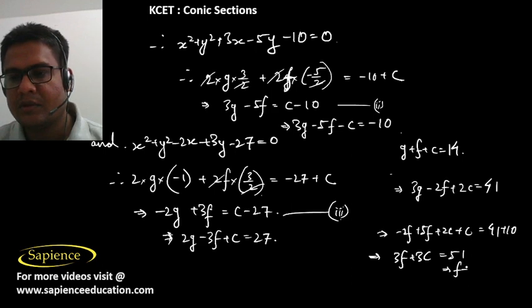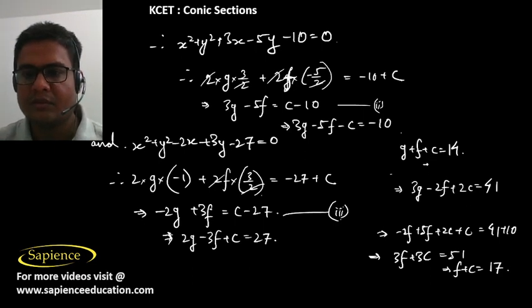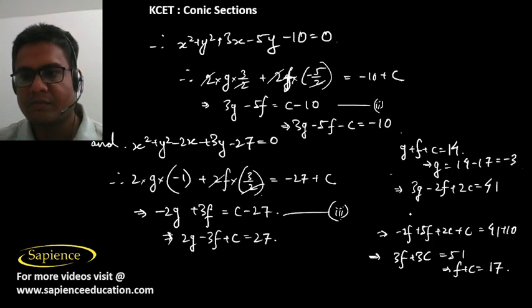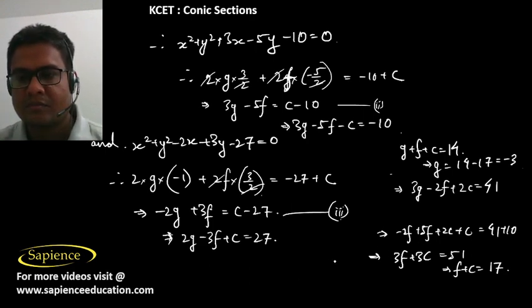So therefore f plus c is equal to 17. So g will be equal to 14 minus 17, that is minus 3. G is minus 3.